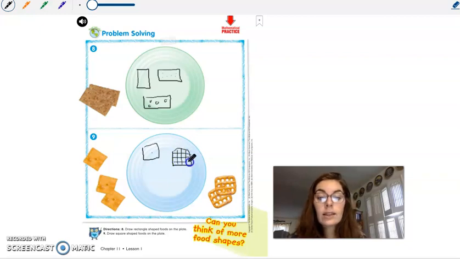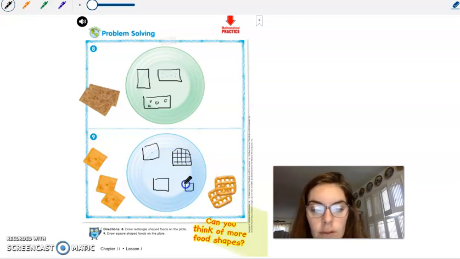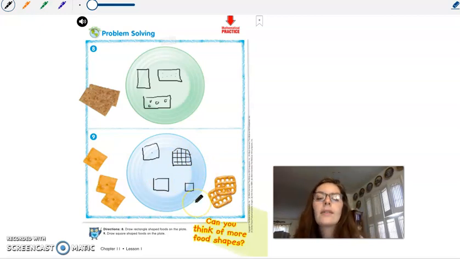Can you think of anything else that's square shaped? I think of a piece of square cheese. And sometimes I think of Chex cereal. Okay, very good. Go ahead and draw your food. If you need more time, that's okay, but I'm going to keep moving.